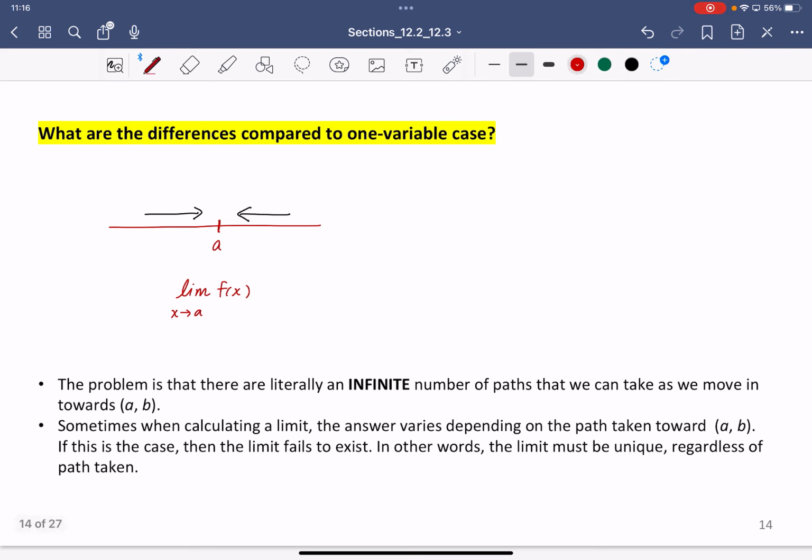The limit from the left is x going to A from the left, and the next one is the limit of f(x) as x goes to A from the right.